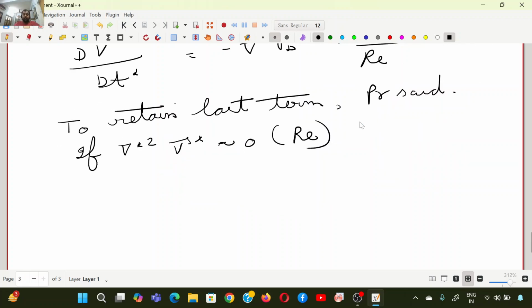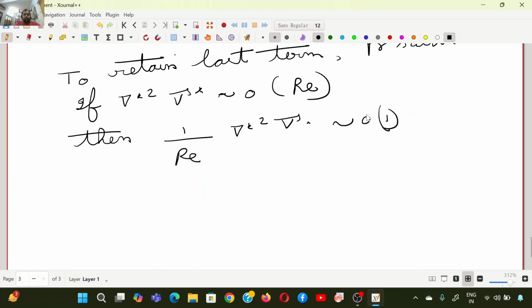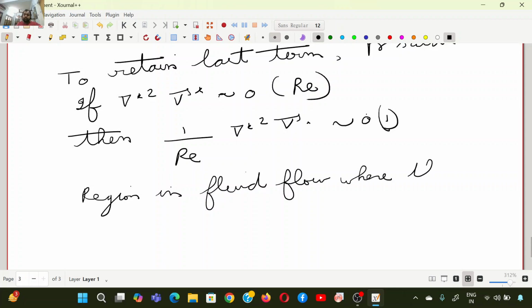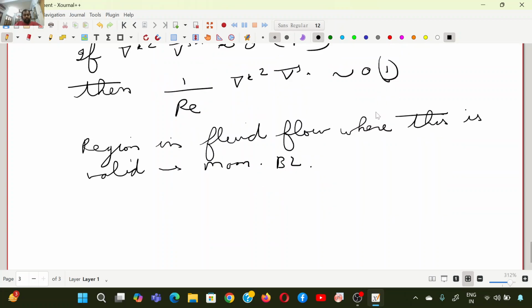If this happens, then you can say that 1 by Reynolds number into del star squared v star is of order 1. The region in the fluid flow where this is valid, that is a momentum boundary layer. Okay.